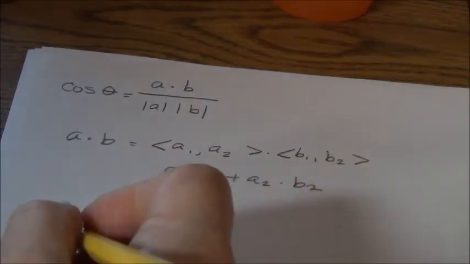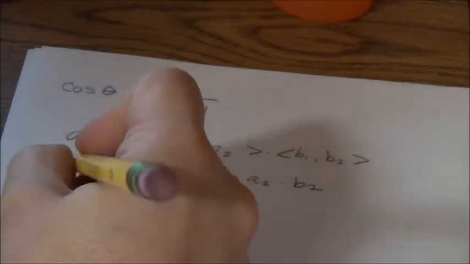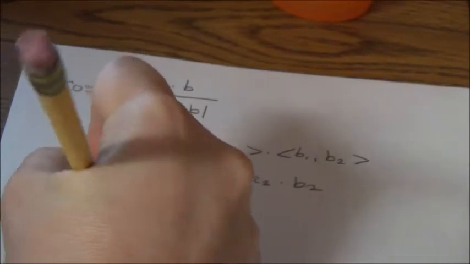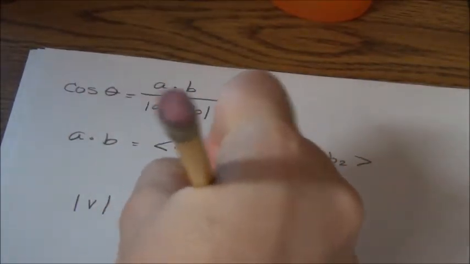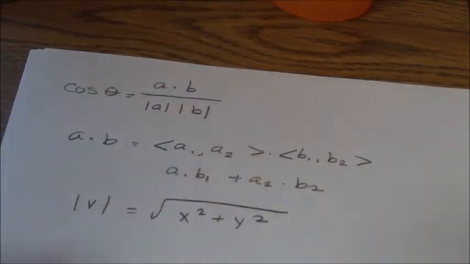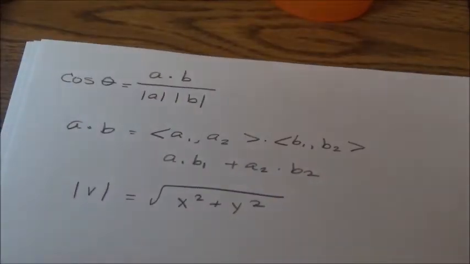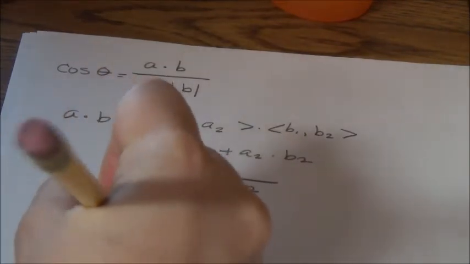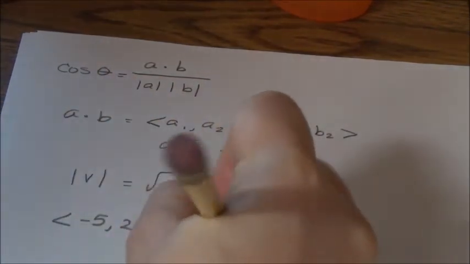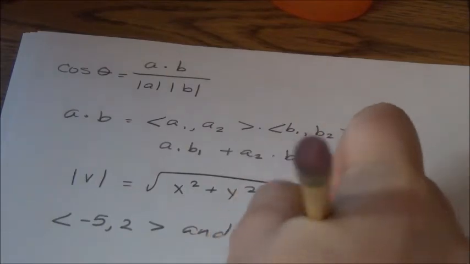And then my formula for the magnitude of a vector is the square root of x squared plus y squared. So on this problem here, we have the vector -5, 2, and the vector -9, -8.